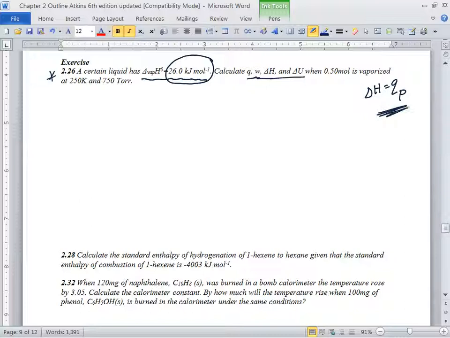It's kind of how it's defined. So Eric's right on. Essentially, just take this times the number of moles, and that was a half, so that'd be 13. So my Q would be 13 kilojoules. Remember, you've got to put the sign on here. And that 13 kilojoules is also my delta H, right?